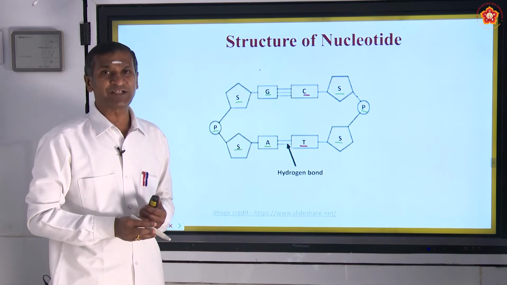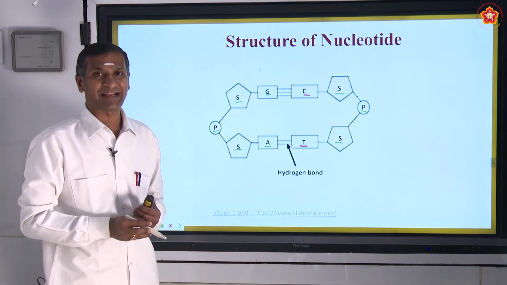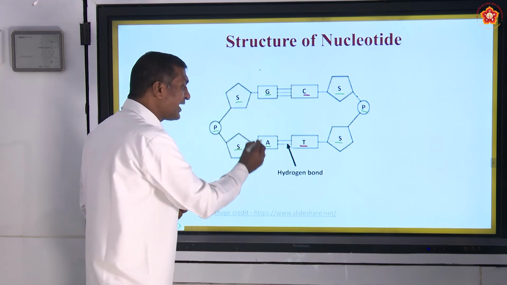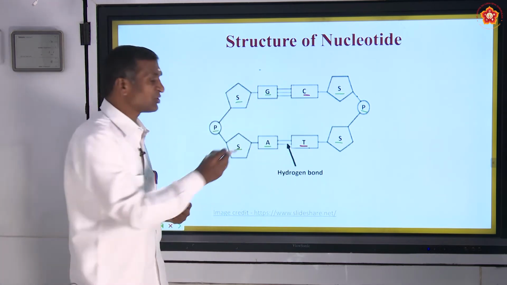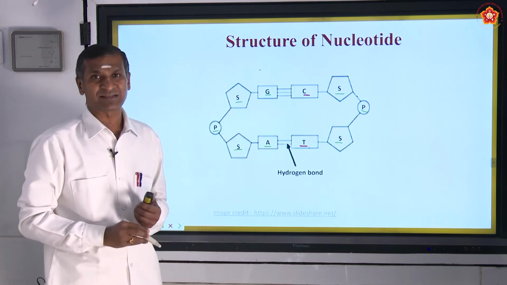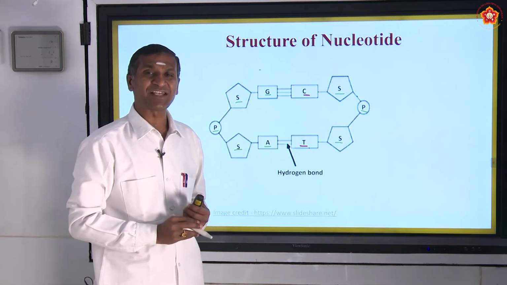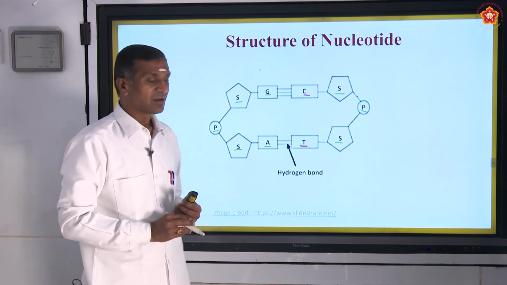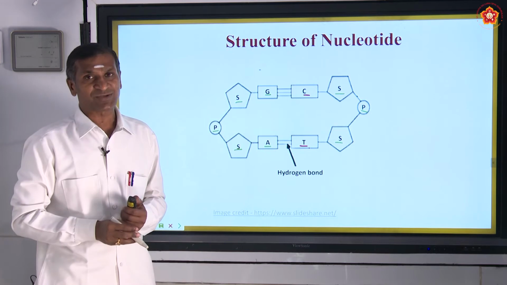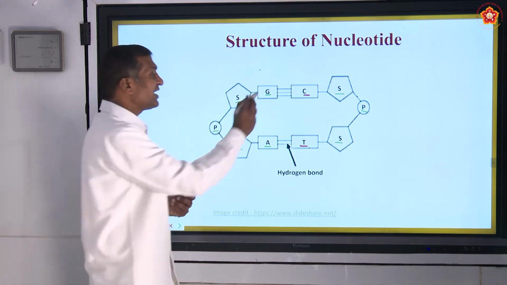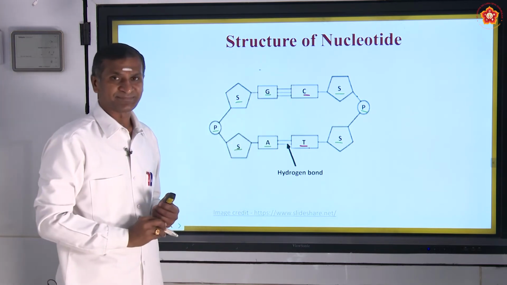It gets bonded, connected. Adenine always combines with thymine with two hydrogen bonds. Hydrogen bond, the weakest bond. And guanine always combines with cytosine with three hydrogen bonds.